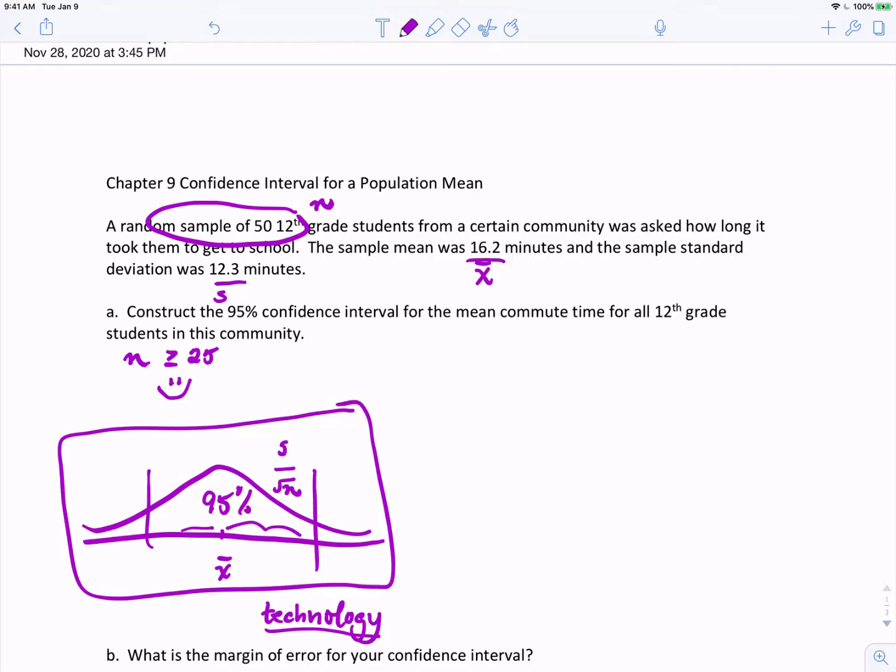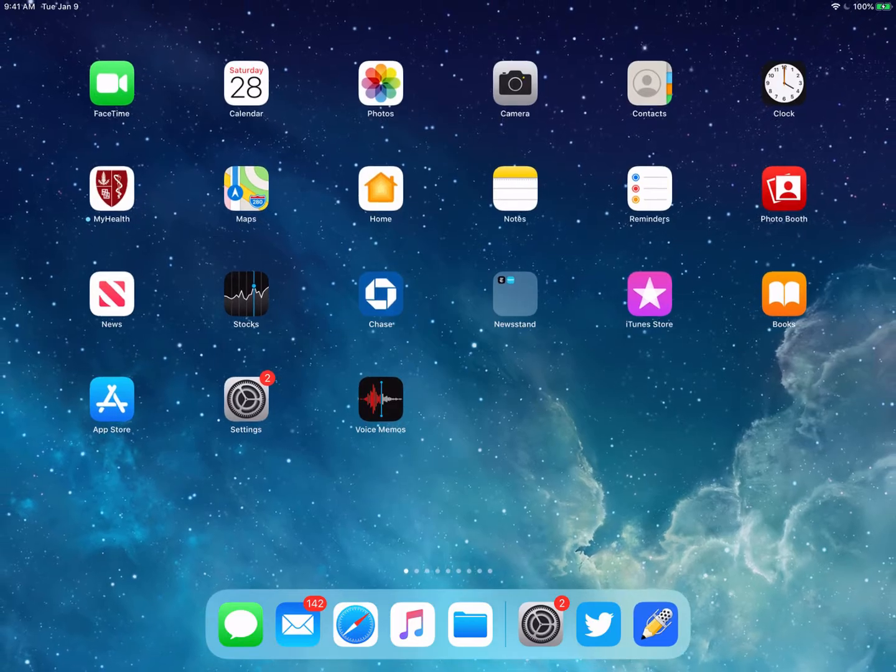Now remember, in the previous video where we reviewed the central limit theorem, we had to be careful and compute this ourselves. We don't need to do this computation in confidence intervals, because StatCrunch will do that calculation for us. Let me show you how that works.